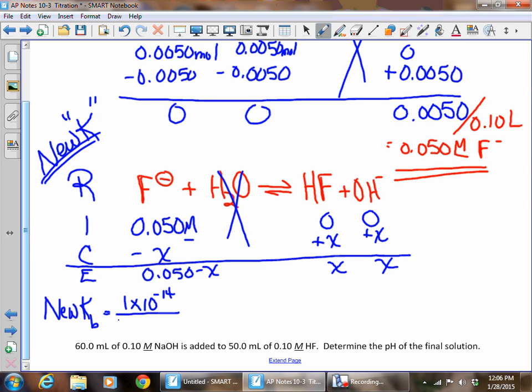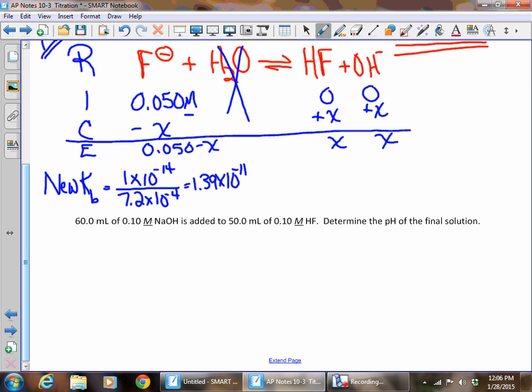So above we saw that the acid was 7.2 times 10 to the negative fourth. So our new Kb is 1.39 times 10 to the minus 11th. Okay, so that's our new Kb.